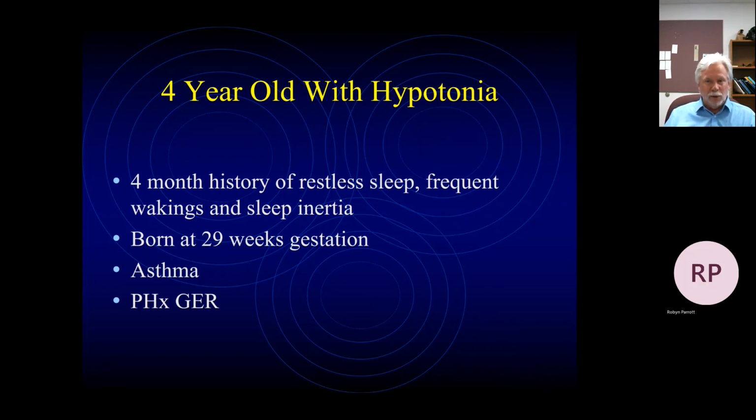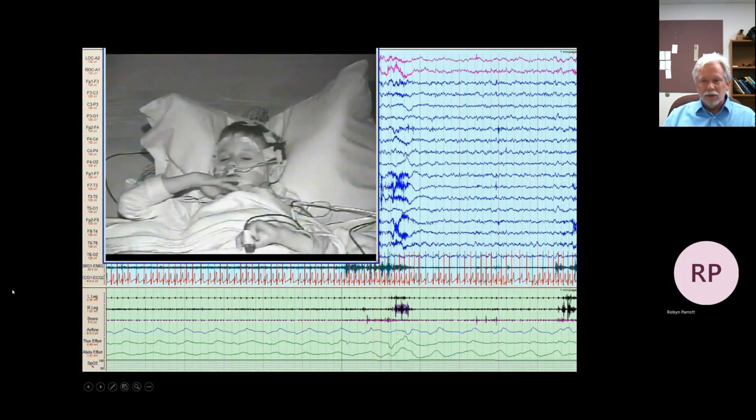This was a progressive neurological issue, and the child was extremely disruptive to the family. And oh, I'm sorry, let me back up. This one wasn't as disruptive as I led to believe, but he was very restless. So this will be his sleep study.